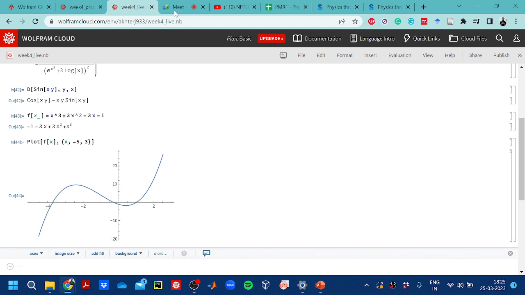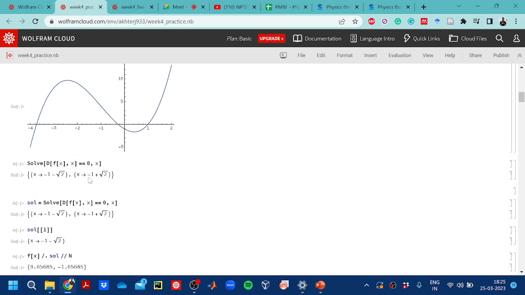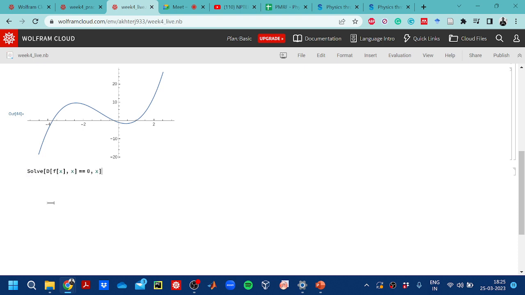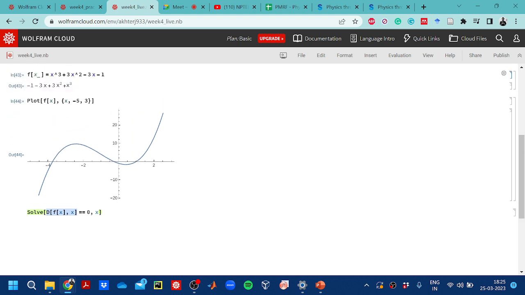For that we have to write down the following command. So what is this doing? This part, d of f of x, is calculating the first order derivative of this function, and for a minima point or maxima point, that has to be 0.